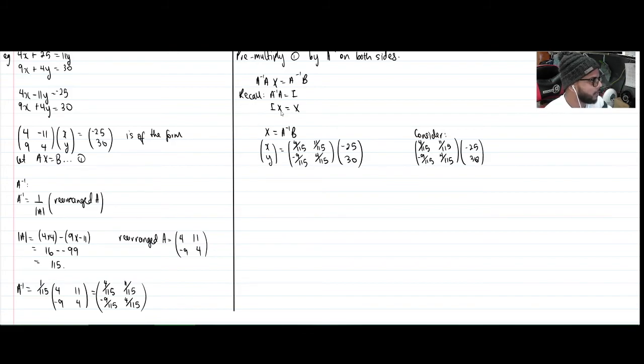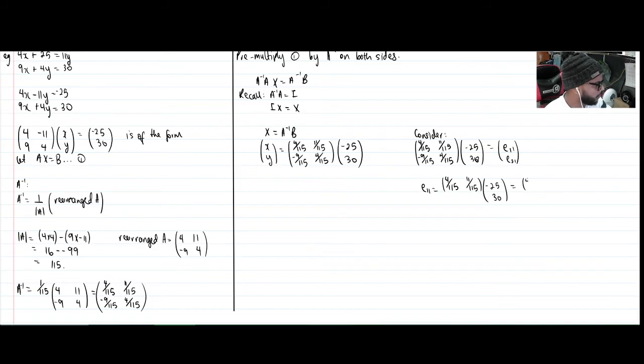We know they can be multiplied by each other to give me e11, e21. For e11, first row, 4 over 115, 11 over 115, by first column, which is negative 25, 30. First by first plus second by second.